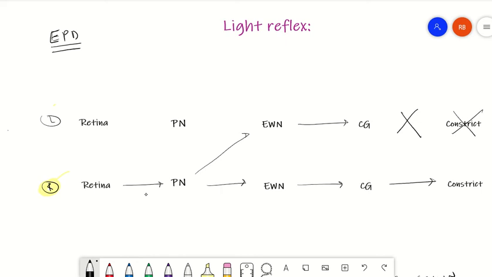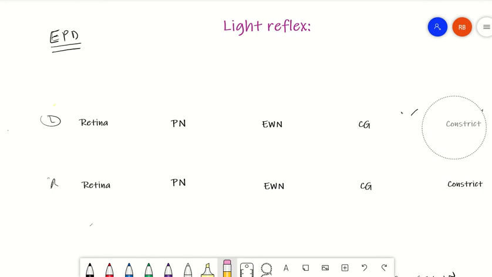So in an efferent pupillary defect, constriction does not occur in the affected eye at all, whichever eye you shine the light in. So that concludes this video on pupillary defects. We'll look a bit more at anisocoria, which is unequal pupil size, in another video.